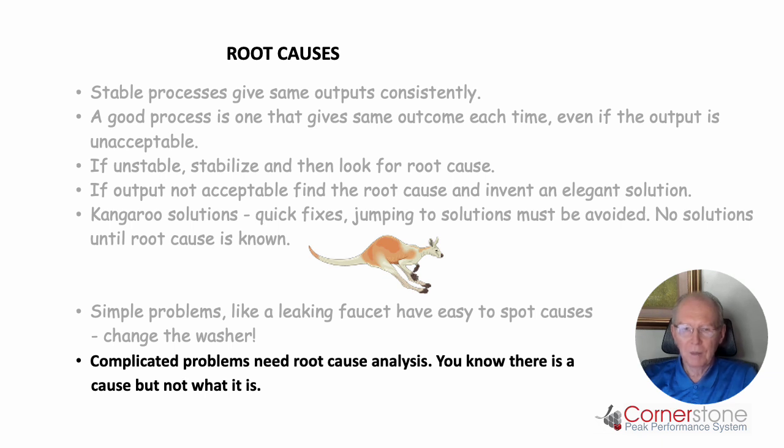There's another type of problem, and that's called a complex problem. And a complex problem is one that doesn't necessarily have a root cause that you can go and find. For example, with COVID, there was a lot of work that needed to be done before they had some idea of how they could solve this problem. And it was a complex one, so they had to try different things.